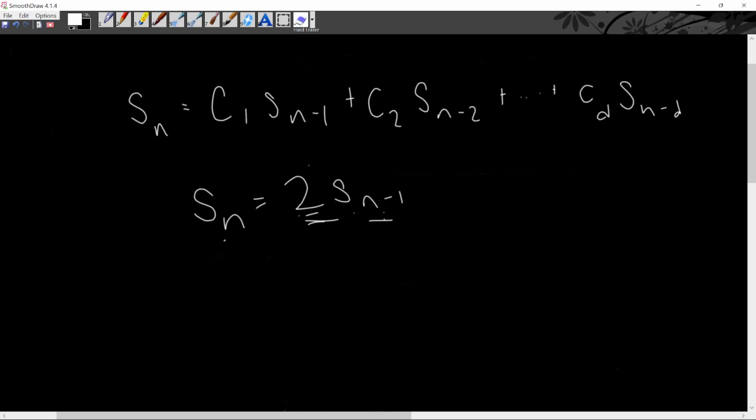And again, you can also write alternating series like the plus or minus 1 sequence that we were talking about at the beginning. Instead of writing it as negative 1 to the n, you could also write it as negative s sub n minus 1, right? Because you're multiplying a negative to every previous value because every value is 1.